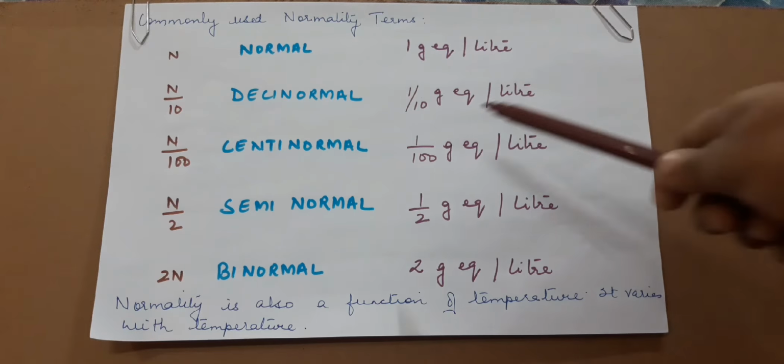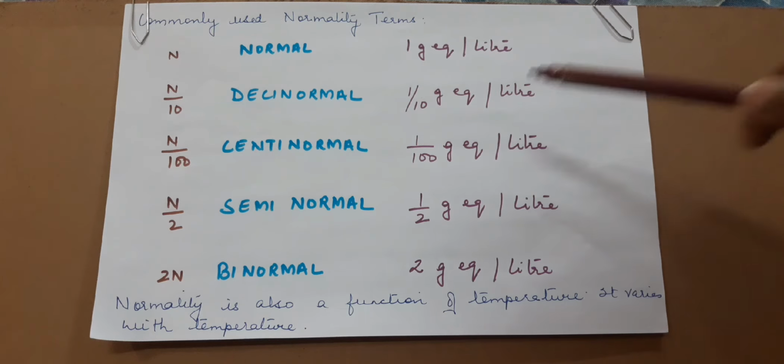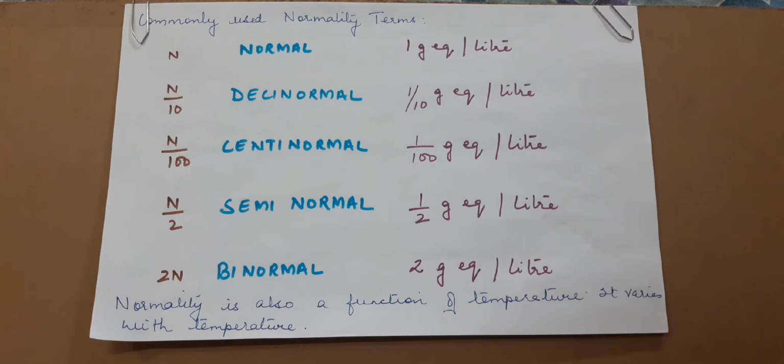What is N by 100? N by 100 is a centinormal solution. That means 1 by 100 N. Centinormal means 1 by 100 gram equivalents of the solute dissolved per liter of the solution.